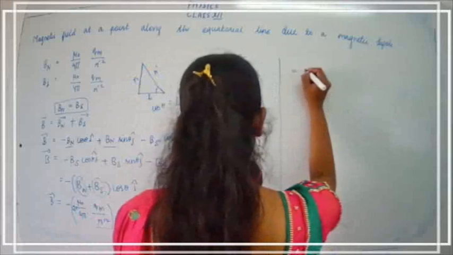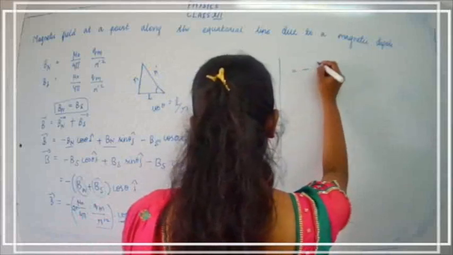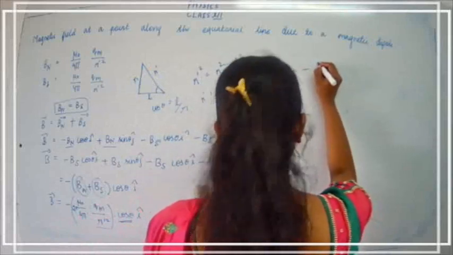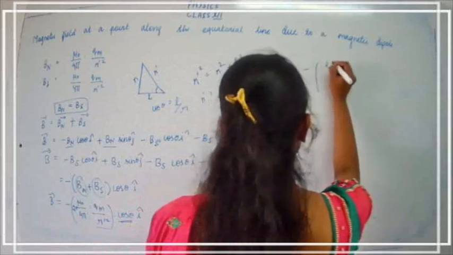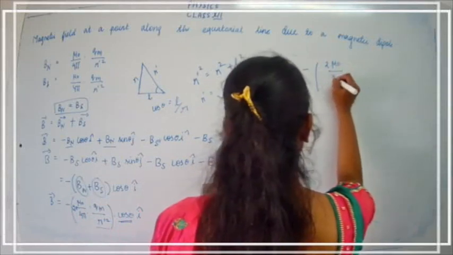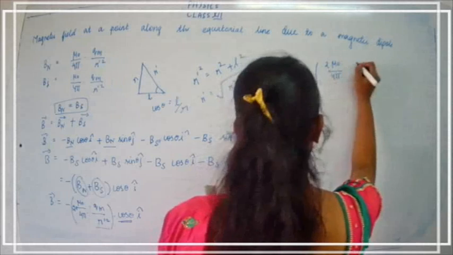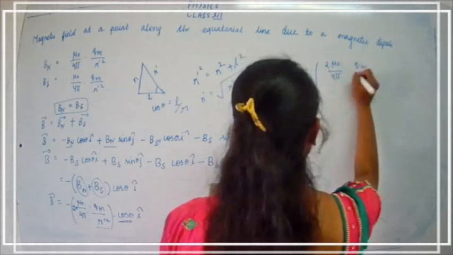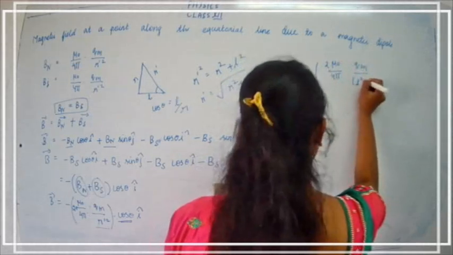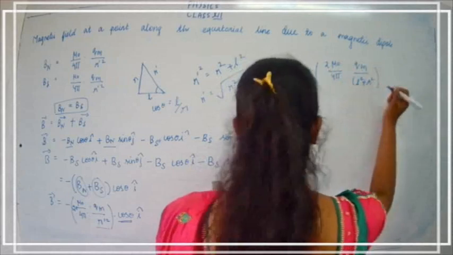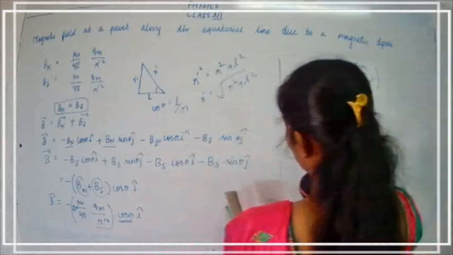B is equal to minus of 2 mu naught by 4 pi, Qm by L square plus r square, because r dash square is r square plus L square.